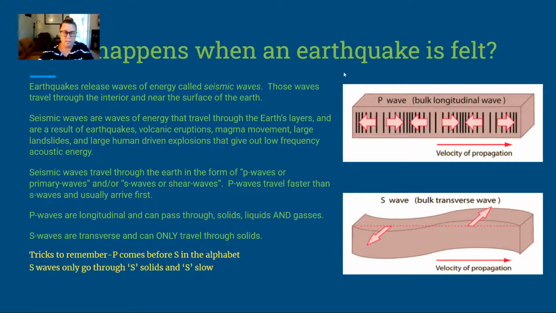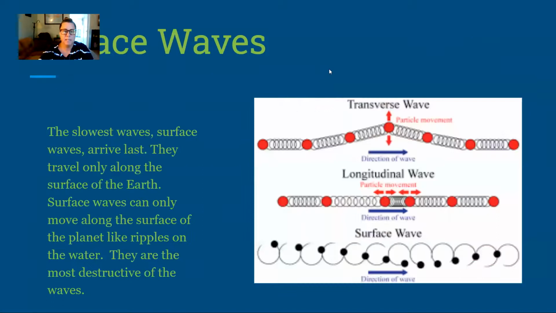So you should have all the information about those two waves, which will help you fill in your Venn diagram. Lastly, we have surface waves. Here we have our longitudinal wave, which is our P wave, and it shows you the direction of the wave. We have our transverse wave, which is our S wave.